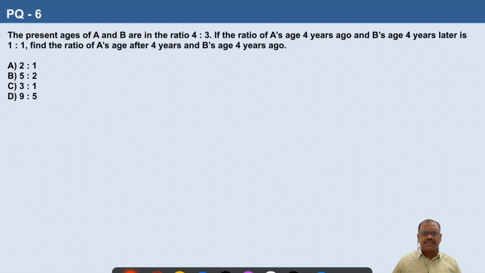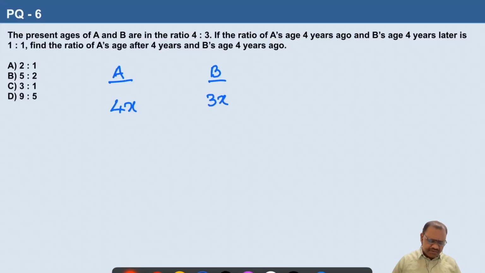Question number 6. The present ages of A and B are in the ratio of 4 is to 3. A and B. Assume 4x and 3x.